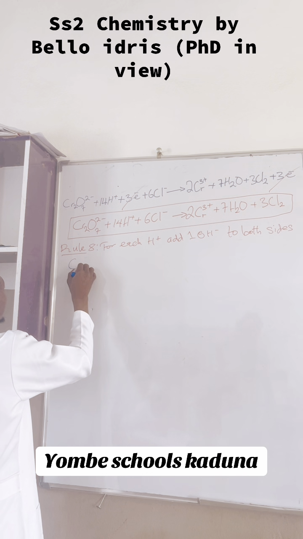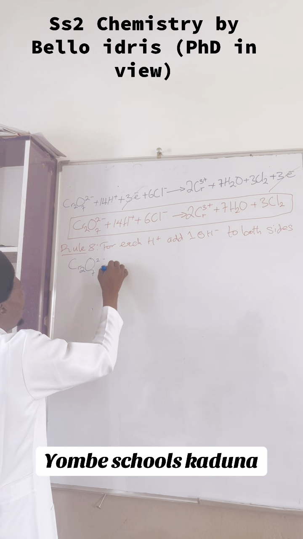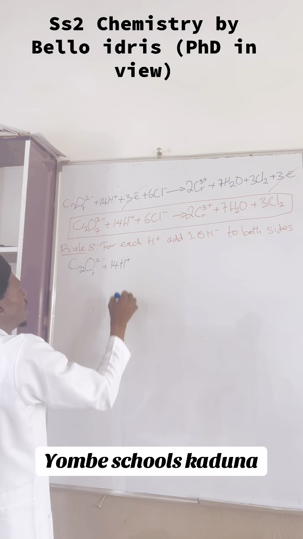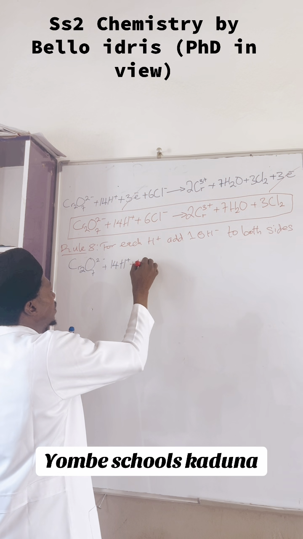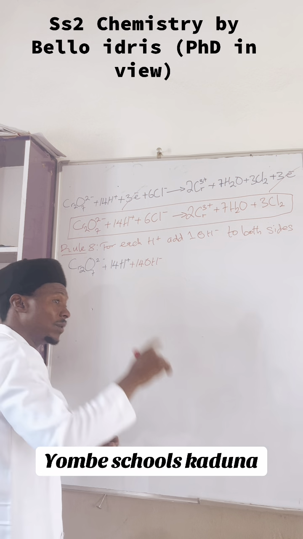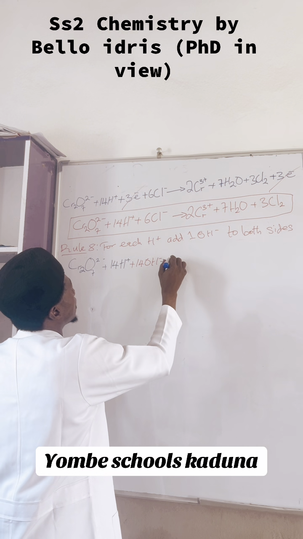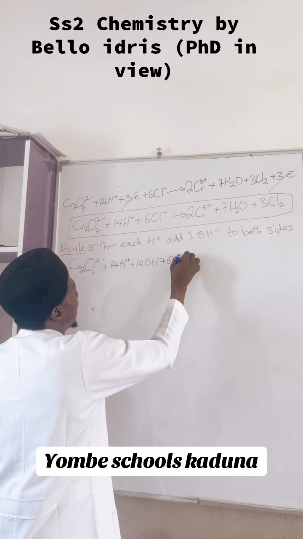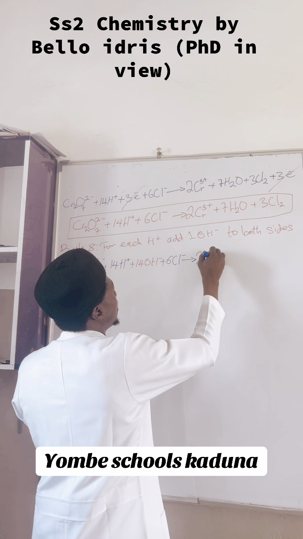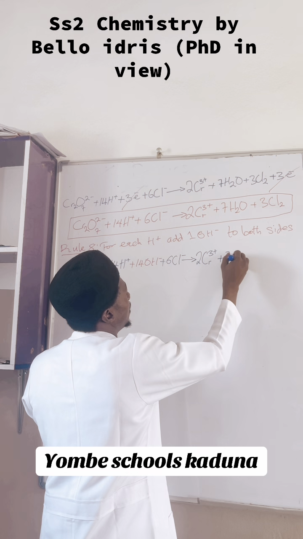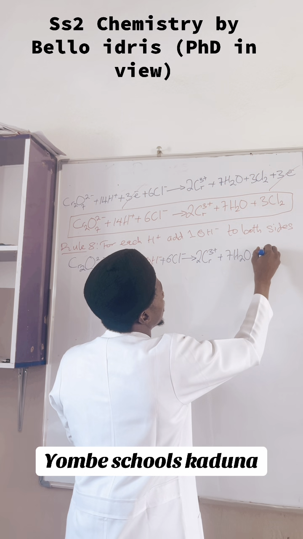So now we rewrite the equation. Cr2O7 2- plus 14H+. Since we have 14H+, we now add 14 OH minus. Yes. And we add it on the other side. Plus 6Cl- → 2Cr3+ + 7H2O + 14 OH minus.